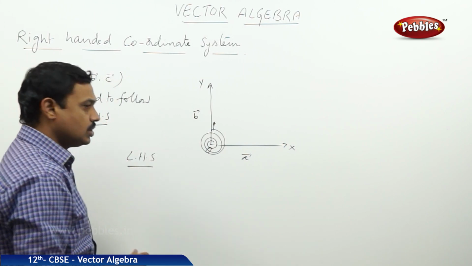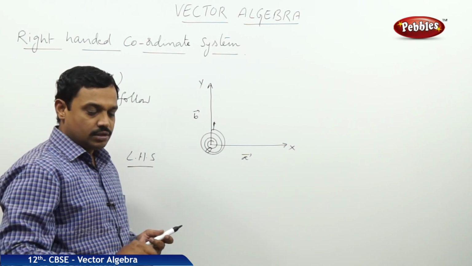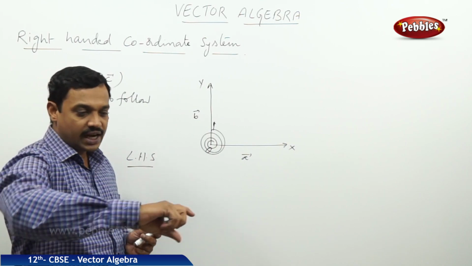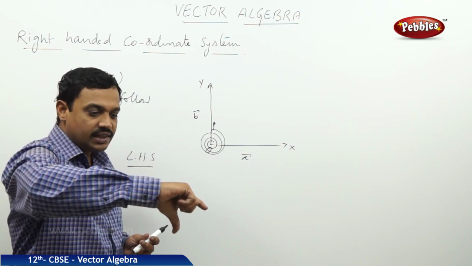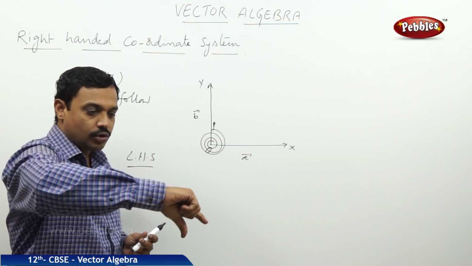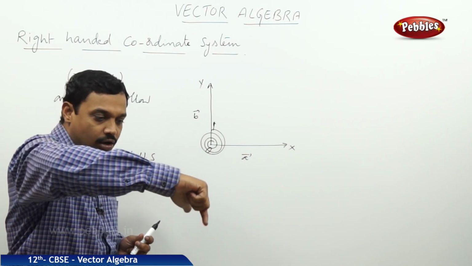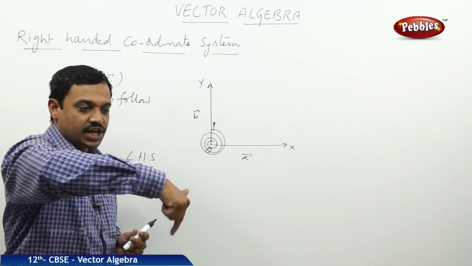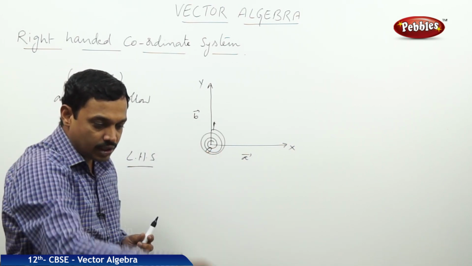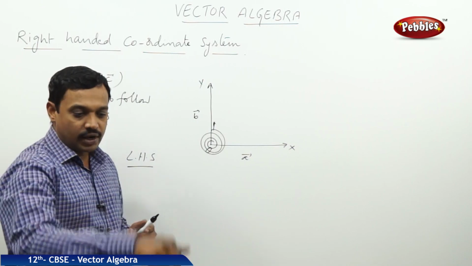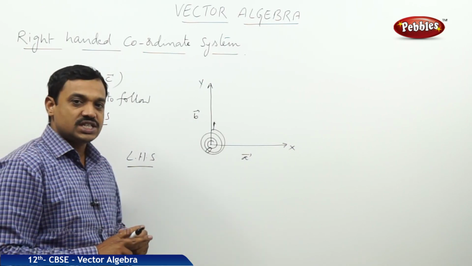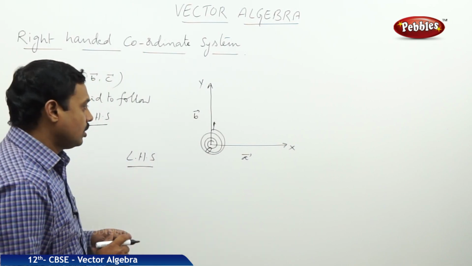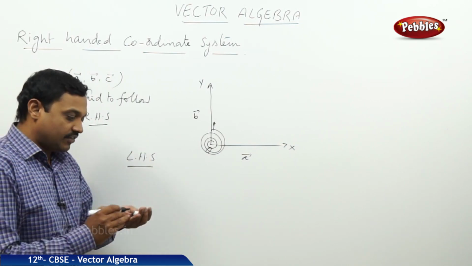So the best example is when we try to tie the cap. Now to tie the cap of a bottle, we have to rotate the cap in clockwise direction. So by rotating that in clockwise direction, now the cap moves in downward direction, so in such case all those vectors are in left-handed system. So right-handed system, left-handed system.